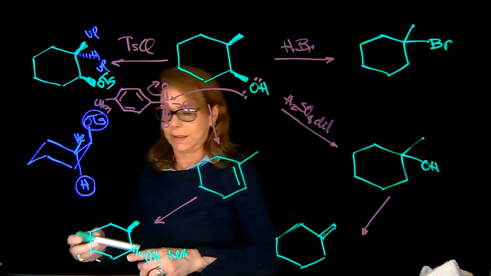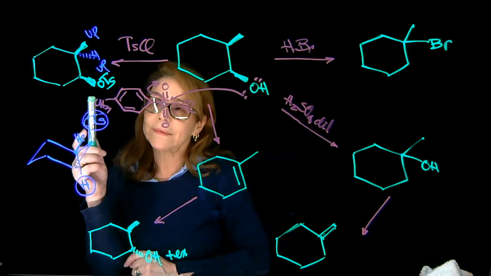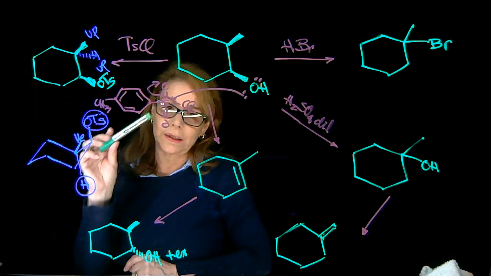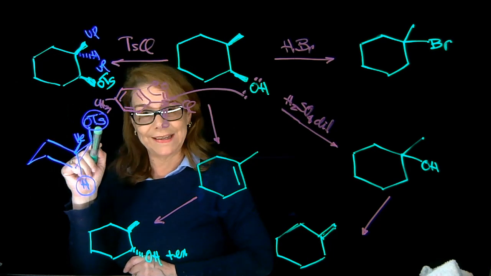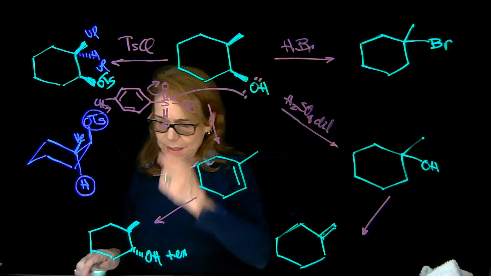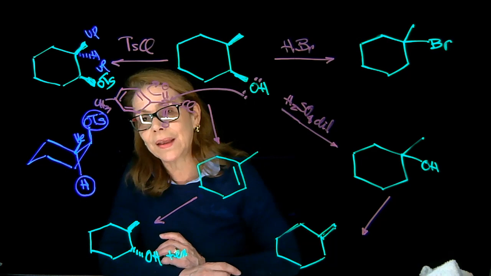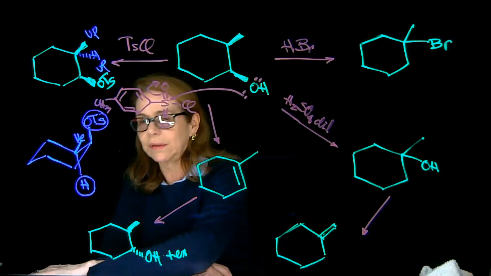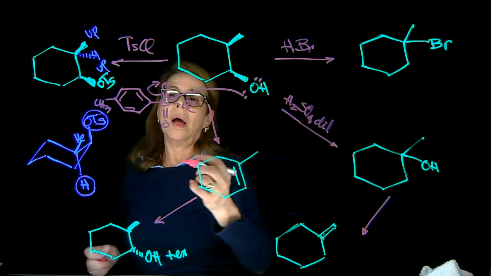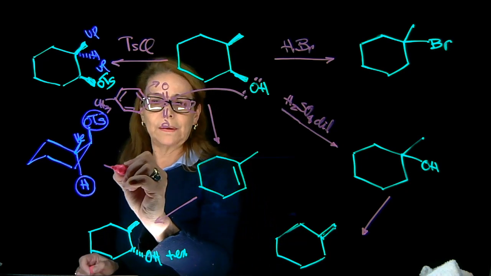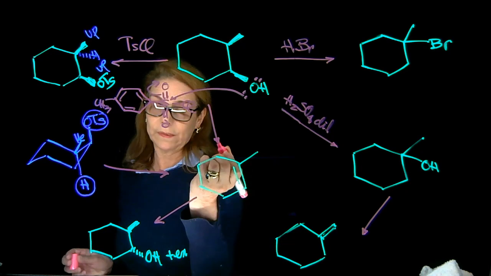You have the right stereochemistry. Otherwise, if this methyl had been axial, then it would not be possible to form that. So we have the right structure here, and we can do the elimination. So the next step to get here will be using a strong base.